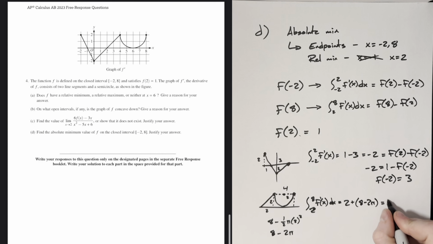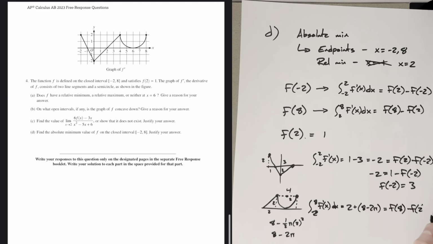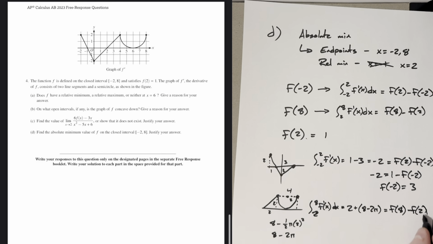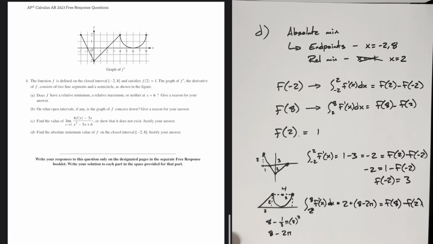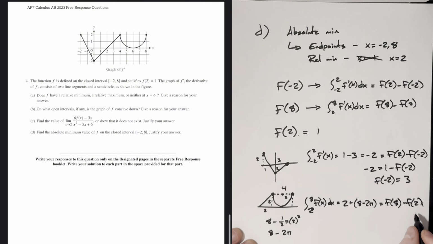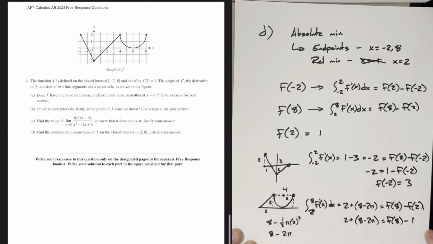And that's equal to f of 8 minus f of 2. Gosh, the Sharpie's giving me issues. But f of 2 is equal to 1. So I'll write it again. 2 plus 8 minus 2 pi is equal to f of 8 minus 1.